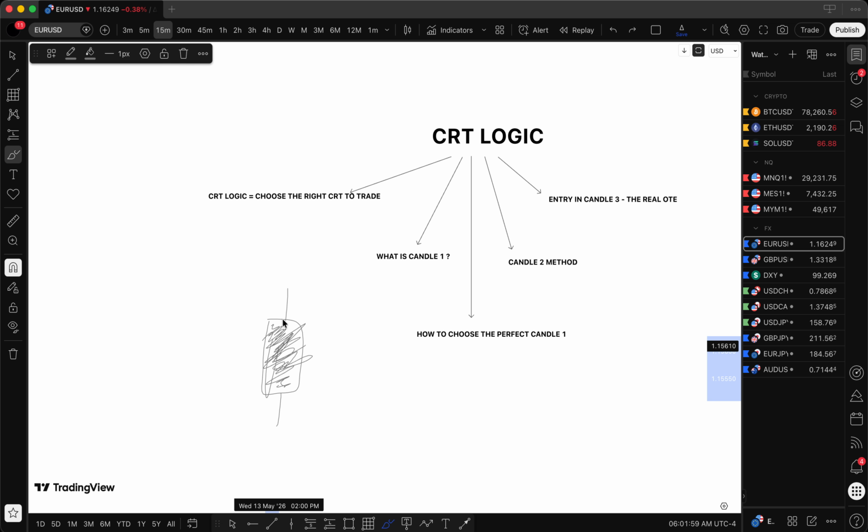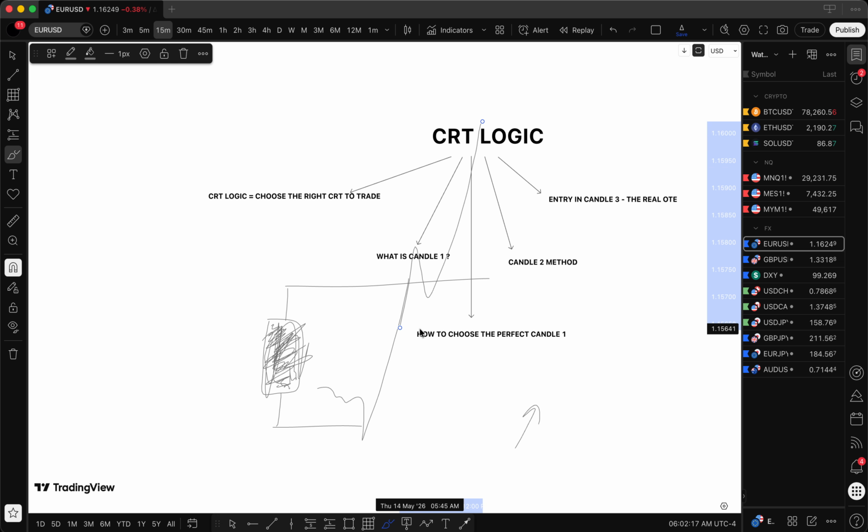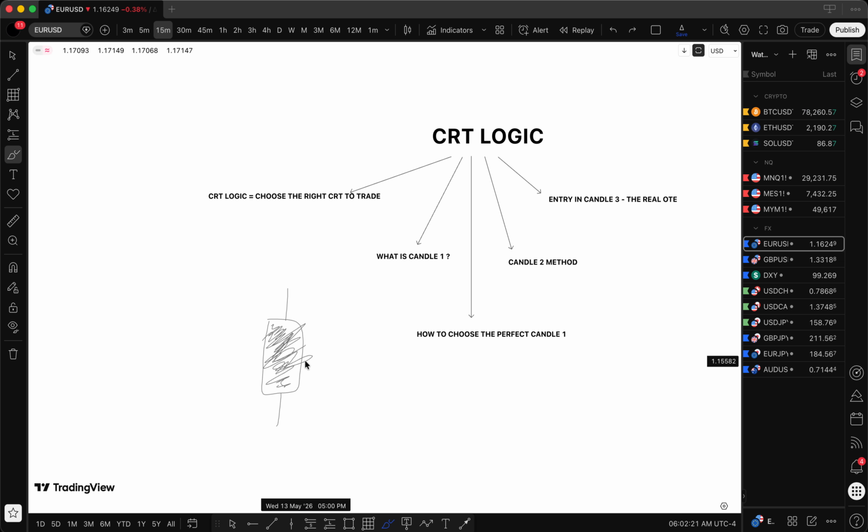Because a bearish candle in bullish order flow is perfect for buying if it's offered. Remember, if it's offered, not just because it's a bearish candle, right? Why? Because a bearish candle in a bullish market is usually getting engulfed and used as a key level, like a bullish order block, right? Perfect.